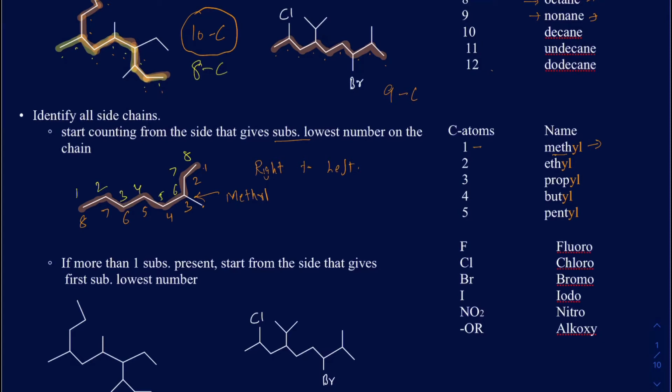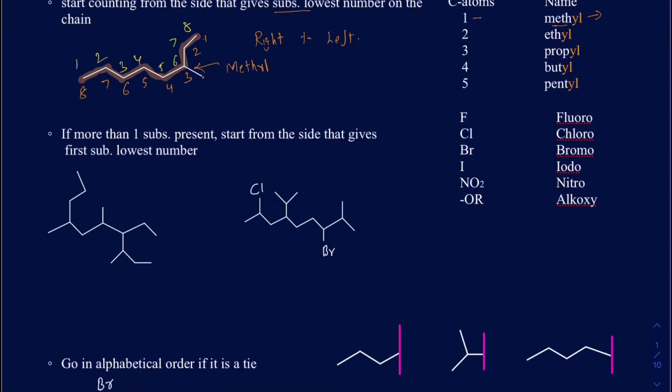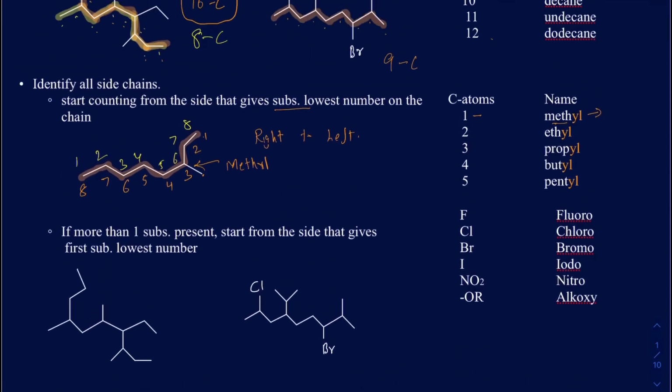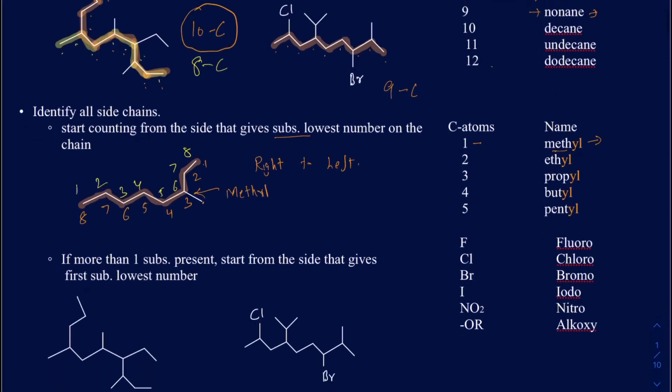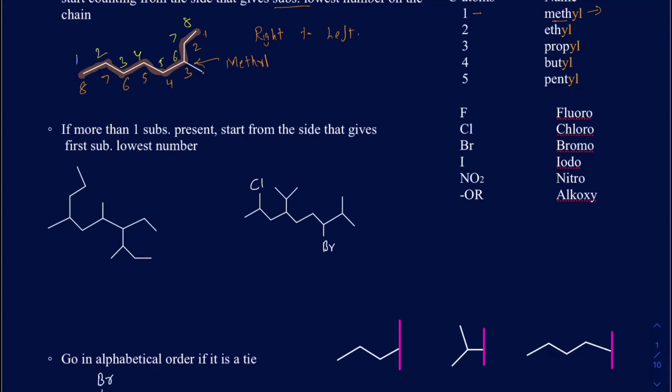Okay, well, let's look at what if you have more than 1 substituent present in the chain. Okay, and that's going to be the same example that we got up there, and we did figure out the longest chain in this particular case, and we said it would have been going from the top, going to the right, and then going to the bottom, just like this. Now, there are obviously going to be 2 ways of counting it. You can count it from the top to the bottom or bottom to the top.